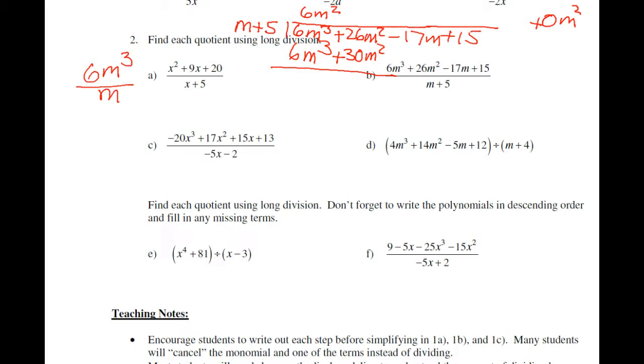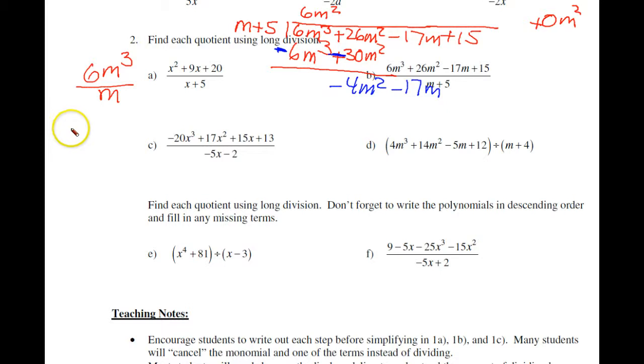What do we do here now? Well, we need to change our signs and add. So this cancels out. Now here we're going to get a negative 4m squared. We bring down our negative 17m.